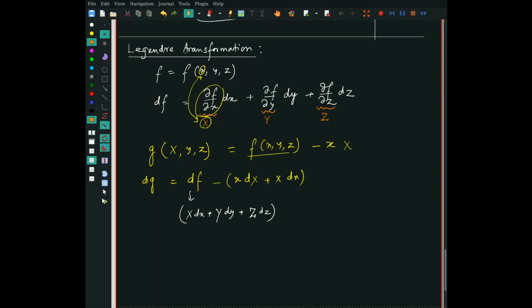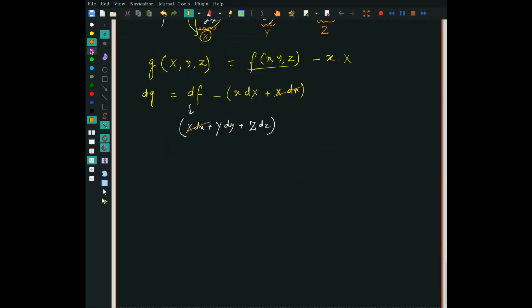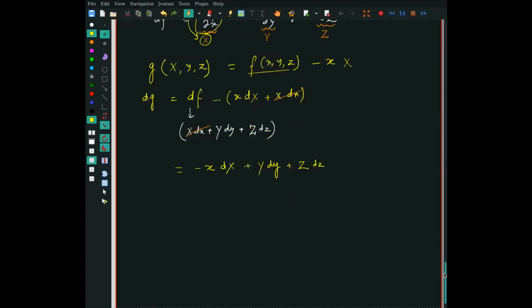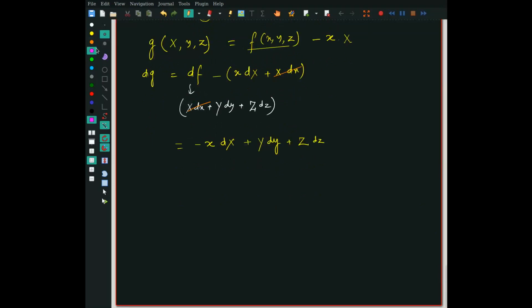So these two will cancel out, and you should be left with minus x dX plus Y dy plus Z dz. So you see that the explicit variables are capital X, small y, and small z.